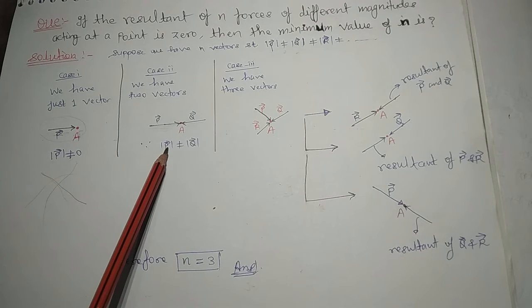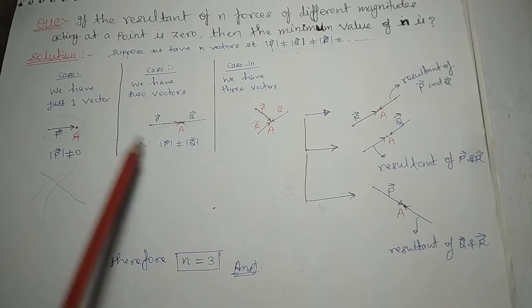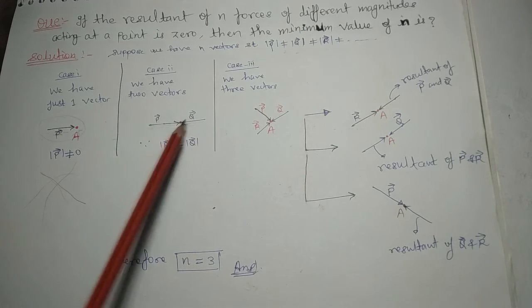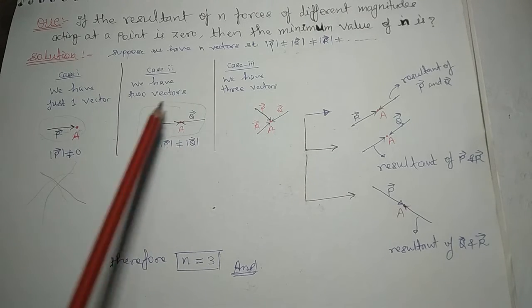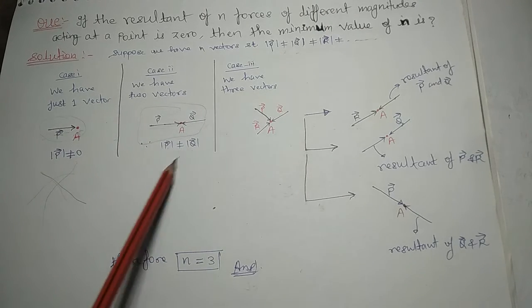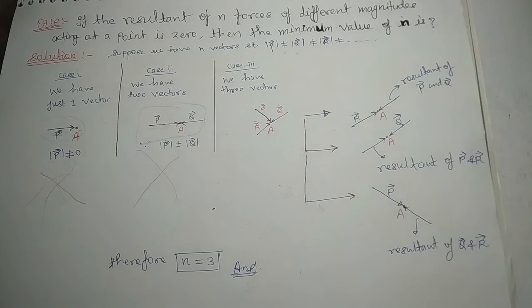But since the mod of p is not equal to the mod of q, they cannot nullify each other, so the resultant will not equal 0. So this is a wrong case. This is not our answer.